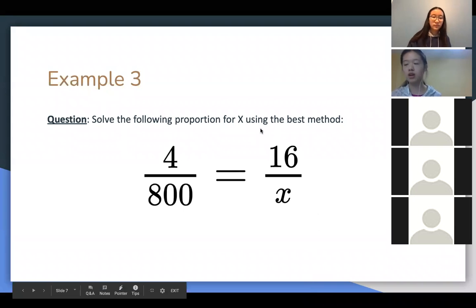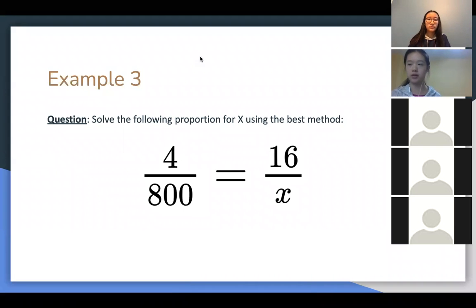And also, along with your answer, type which method you used, the normal way or cross multiplication.